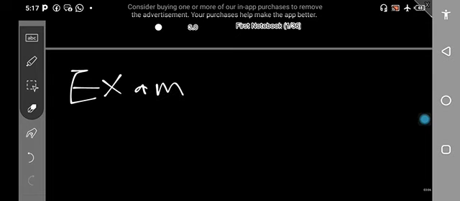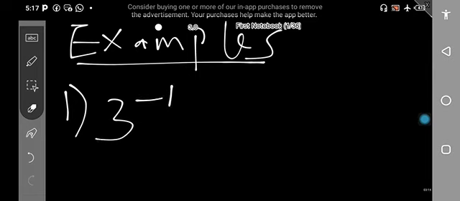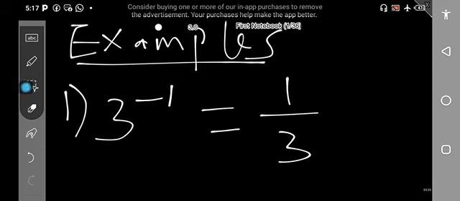The first example we have here is 3 raised to the power of minus 1. According to what I explained earlier, it will become 1 over 3 raised to the power of this 1 that is here. Take note that we are not writing the negative here, just only the 1. And 3 raised to the power 1 is 3, so we have 1 over 3 as our answer, right?